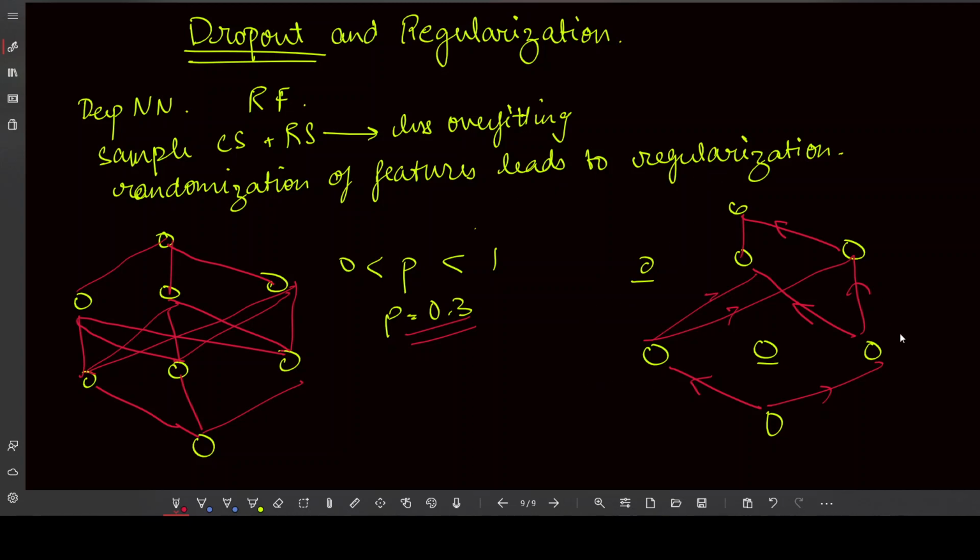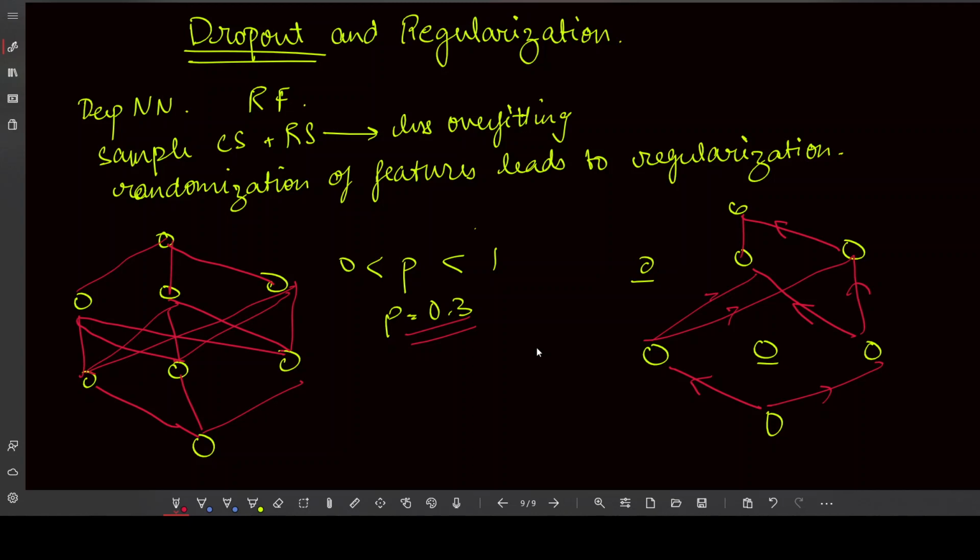Similarly, we are randomly switching off some neurons over here, and that leads to regularization. It's a very simple idea. Obviously, the mathematical proof for this is a little more complicated, but I just want to draw an intuition from random forest of why dropout works in deep neural nets. So that's what dropout is.